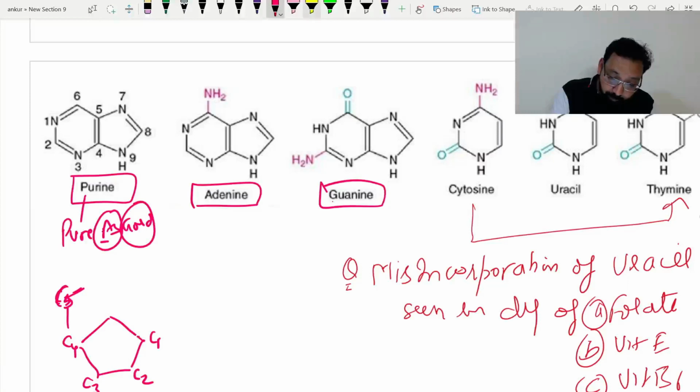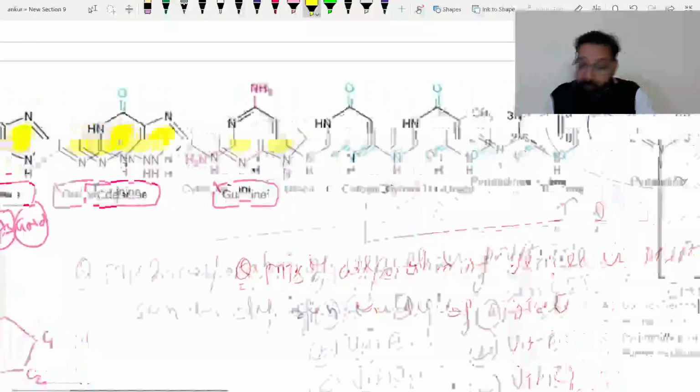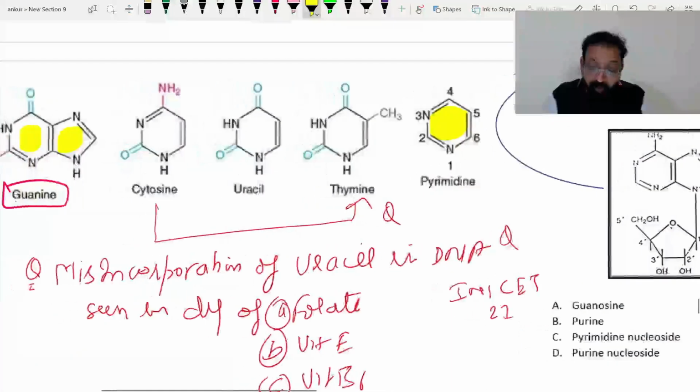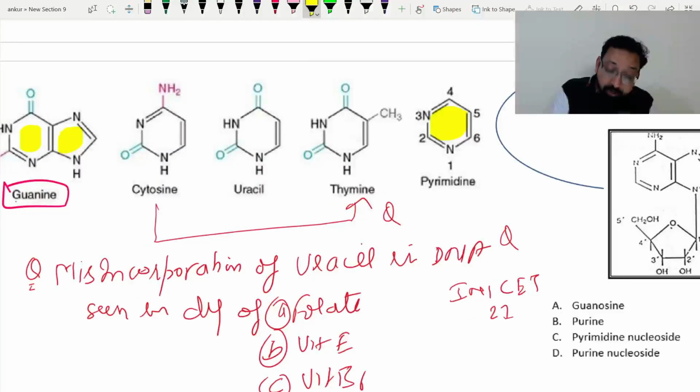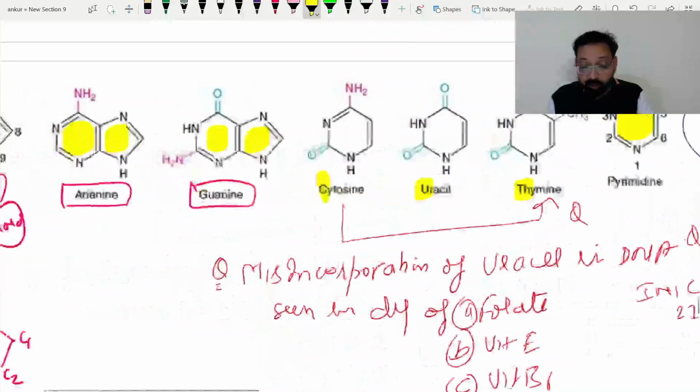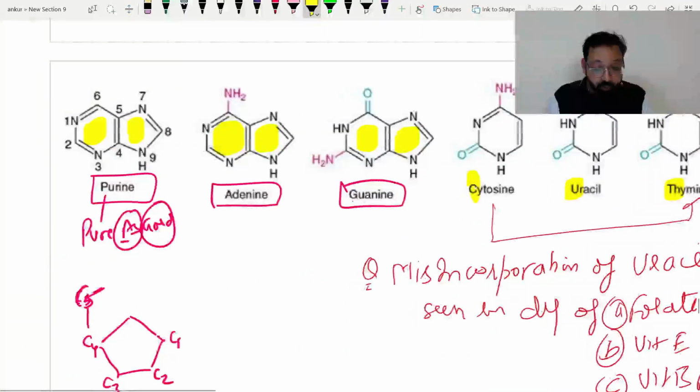Two rings are there. One, two. Pyrimidine is having only one ring, means one ring is cut. The mnemonic is again cut: C-U-T, cut. So three pyrimidine bases and two purine bases, on which questions are frequently asked.